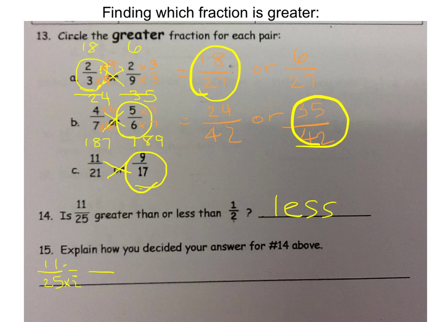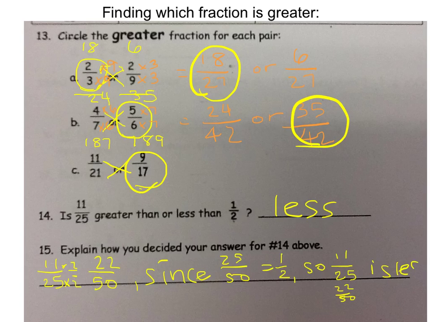If I multiply each side by 2, I would get 22 over 50. I know that 25 over 50 would be 1/2. So 11 over 25, or 22 over 50, must be less than 1/2.